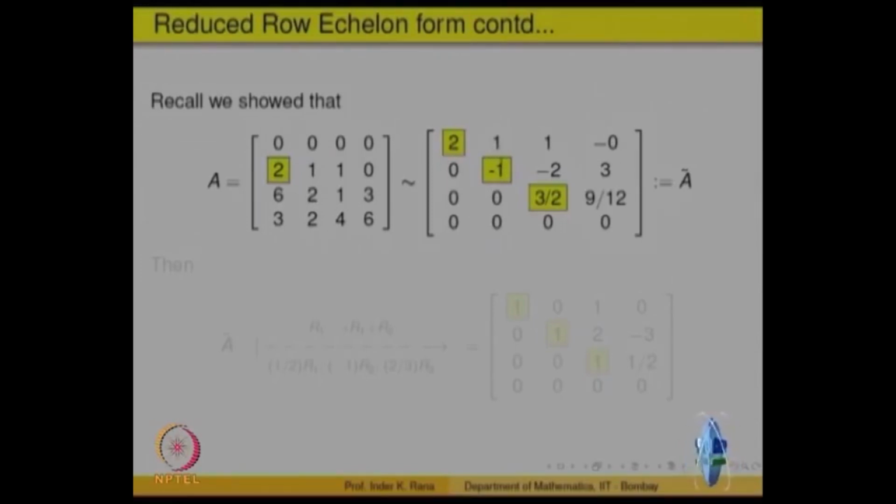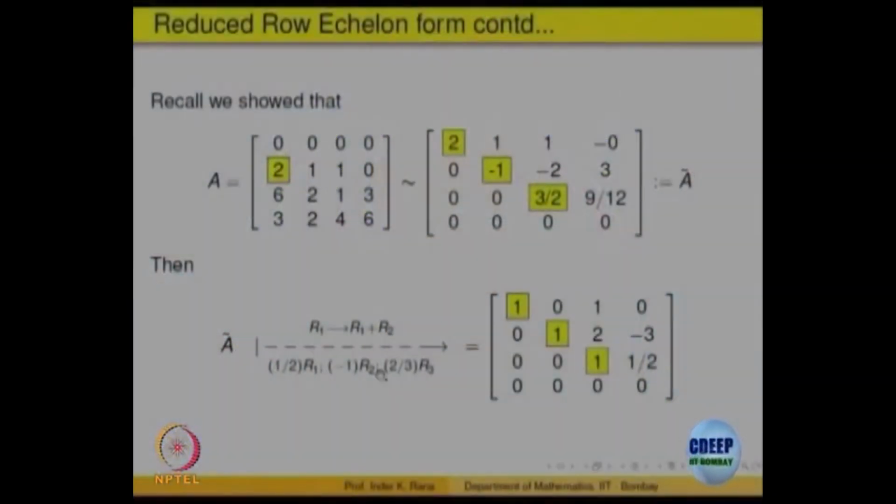So, the way of attaining the reduced row echelon form is not unique, but the form is unique. You can first make every other entry in the column 0 and then make the pivot 1, or make the pivot 1 and then make every other entry in that column equal to 0. So, once you do that, this is what it will become. I have written those operations here, but you should try to do it yourself.